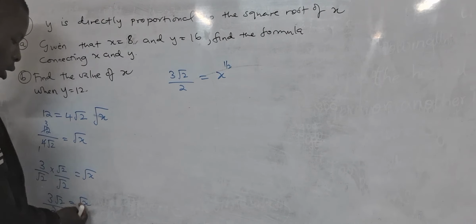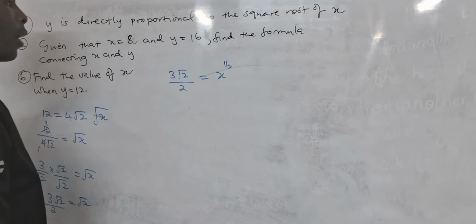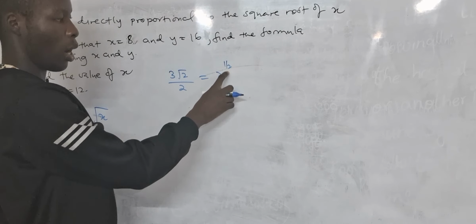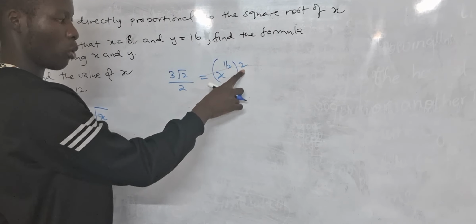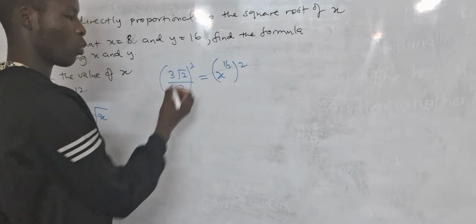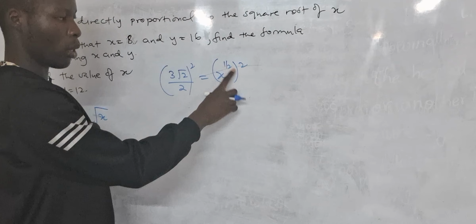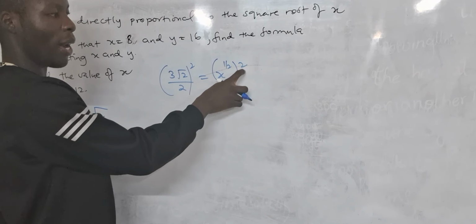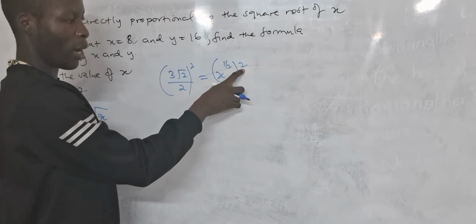Now, you want to get rid of this half. How? You square this side. The moment you square this side, you also square this side. So if you square this side, what is the meaning of this? A number is raised to a power and also raised to another power.